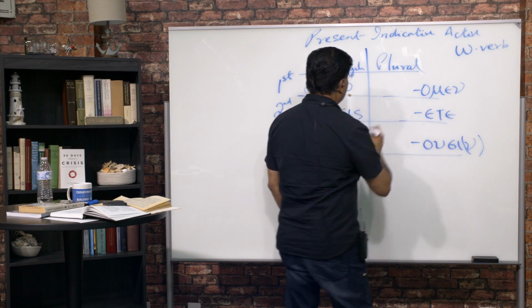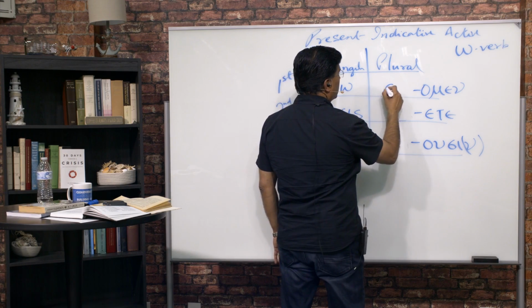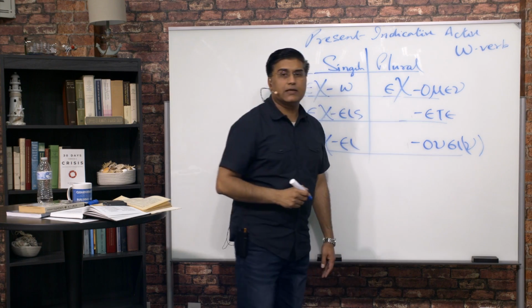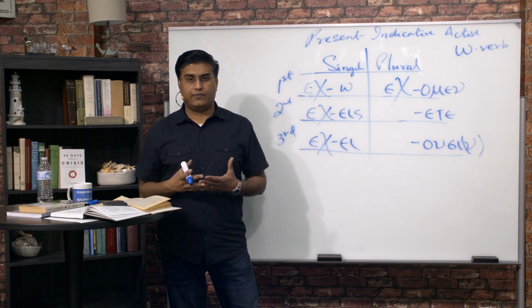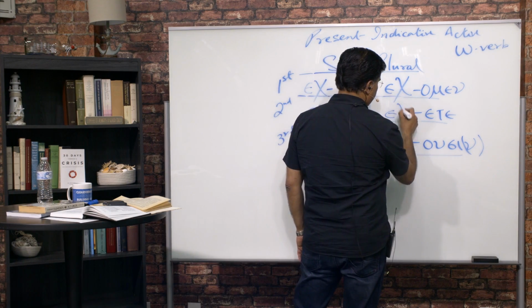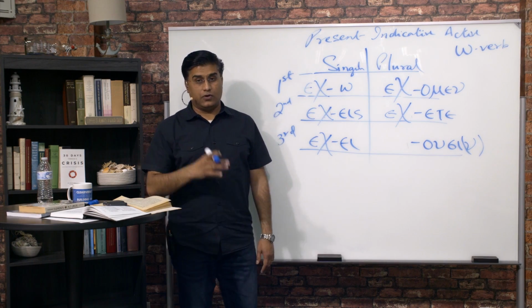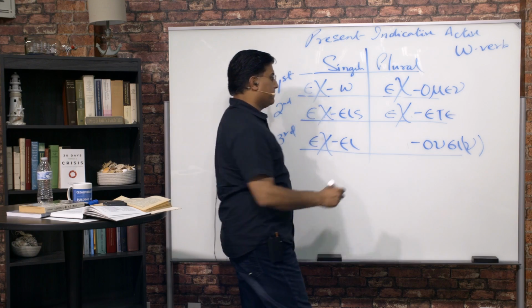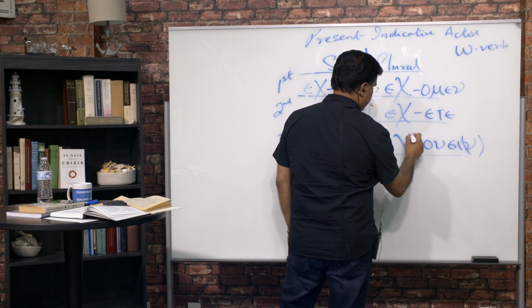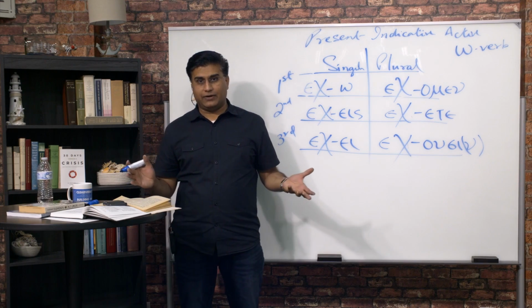And then first plural, ekomen, we have, or we are having. Ekete, y'all have, or y'all are having. Ekousin, they have, or they are having.